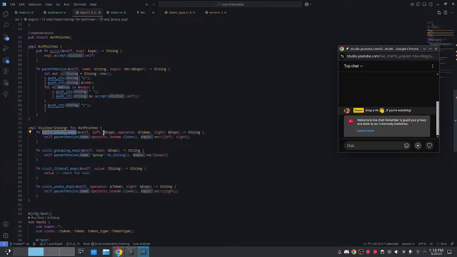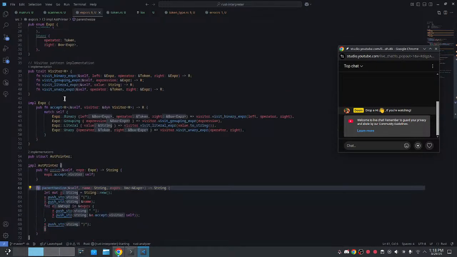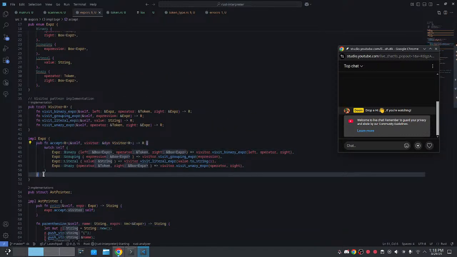So internally, based on the Expr, this just calls the specific function for the parenthesis for all the visitors, right? It is not specific to any one. And what differentiates here is this, the main method which would be called from outside.